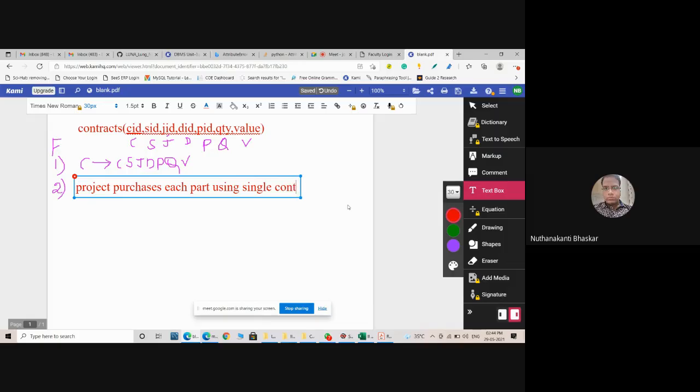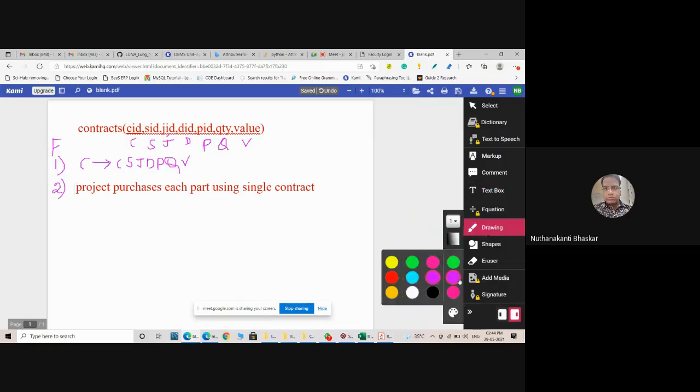single contract. Exactly. First of all, I have to finish up this part, then the payment will come. Next, you have to finish this part, then another payment will come. Here, the contract always depends on the job and the part, compulsorily. So job and part of the project determine the contract.